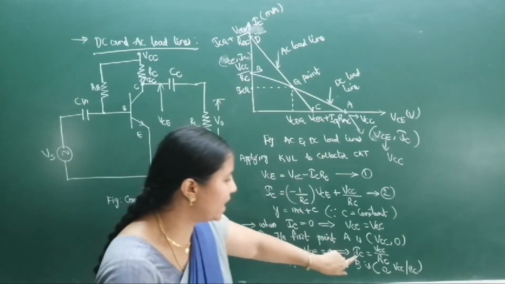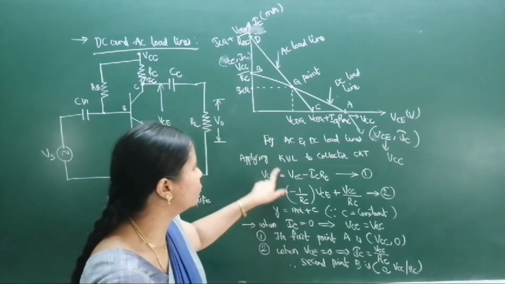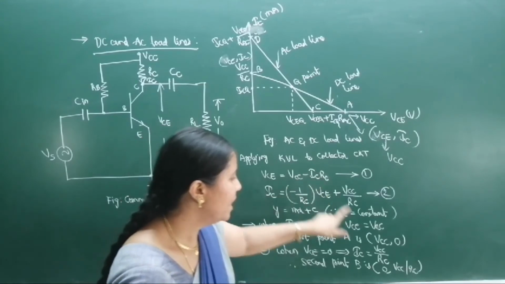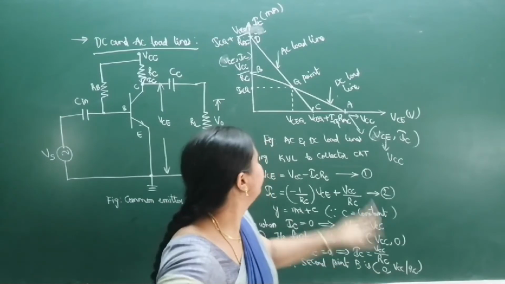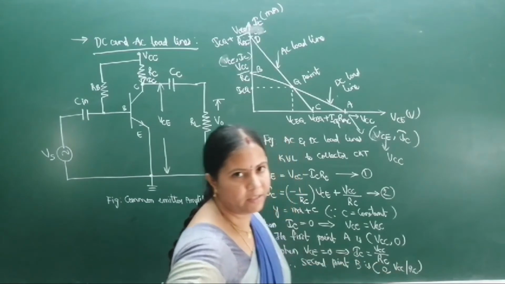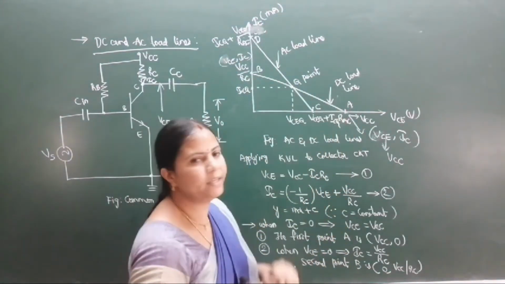What is the equation for IC? You will get IC equal to VCC by RC. So the second point is VCE equal to 0 and IC as VCC by RC. So when you join these two points A and B, you will get the DC load line.